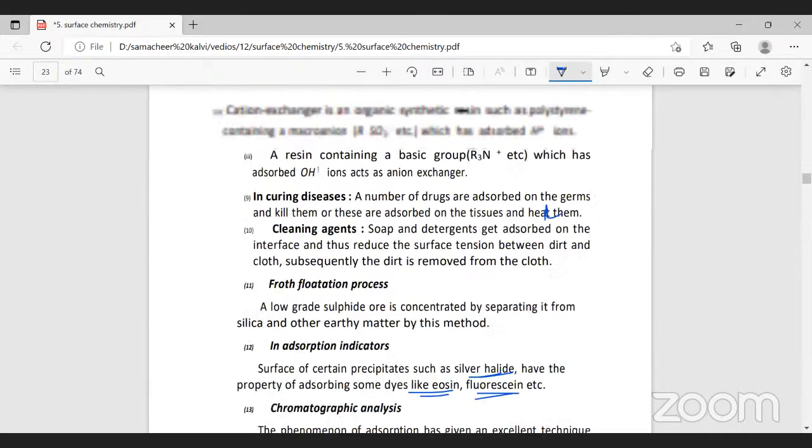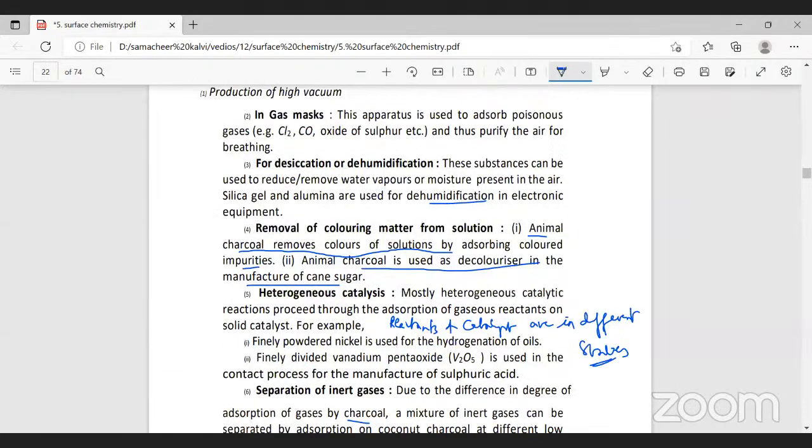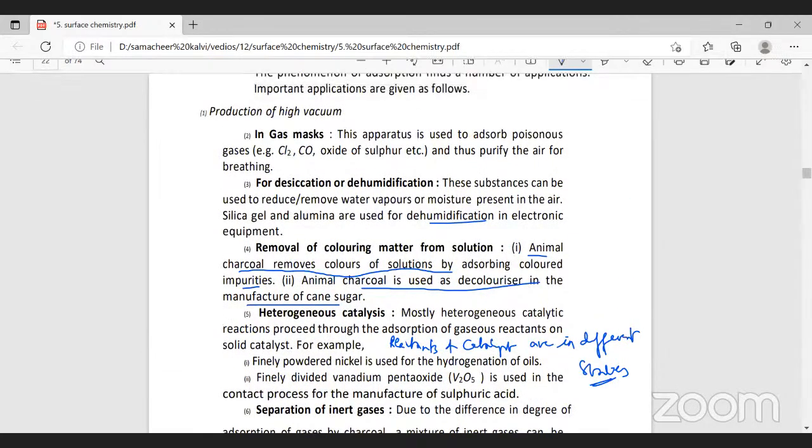adsorption. You can just go through the applications of adsorption for a minute or so, and we'll continue with the catalysis topic after a few minutes. Just to have a look at the applications.